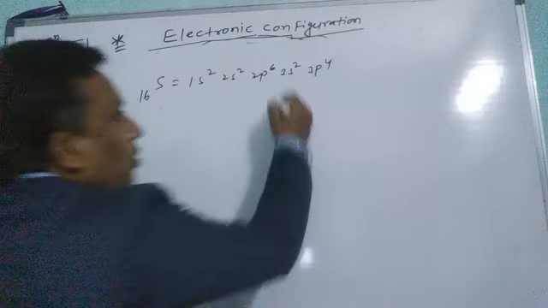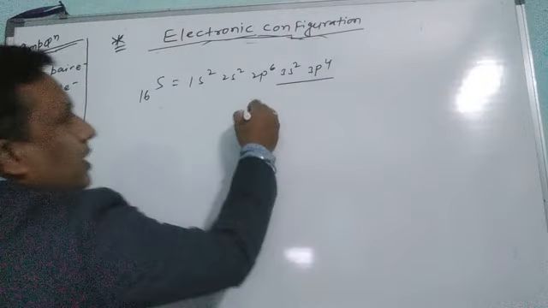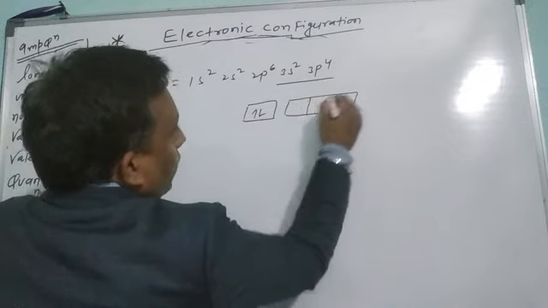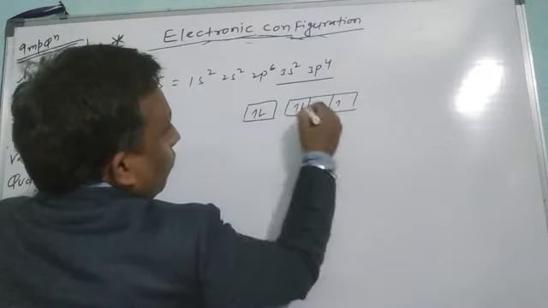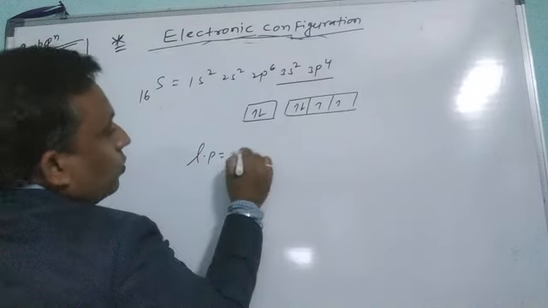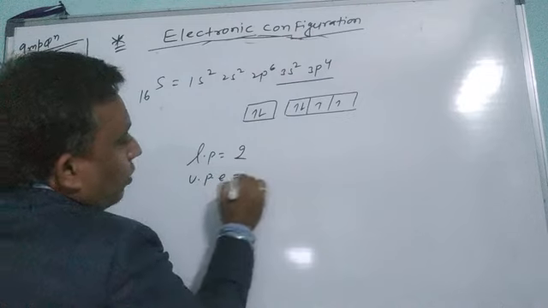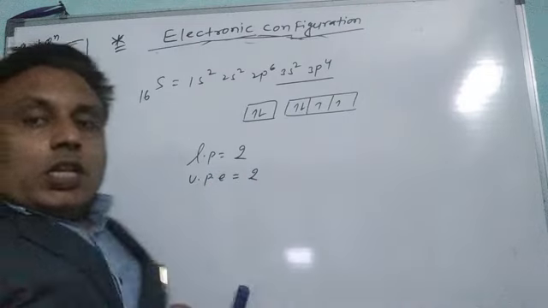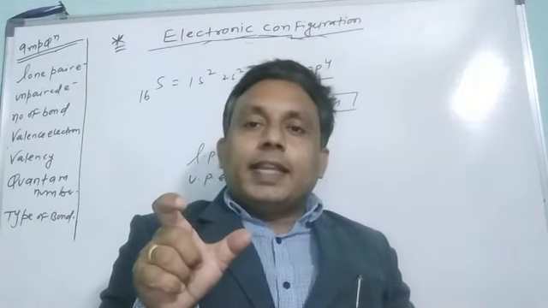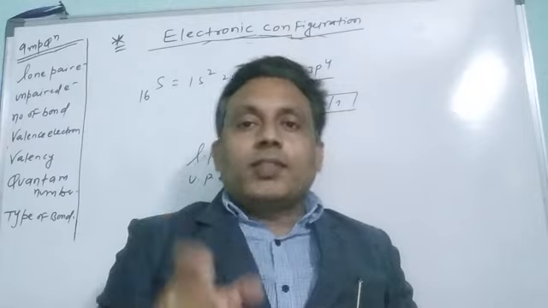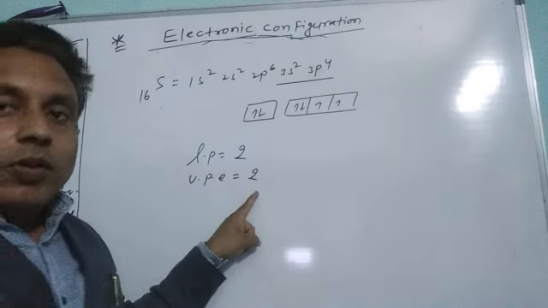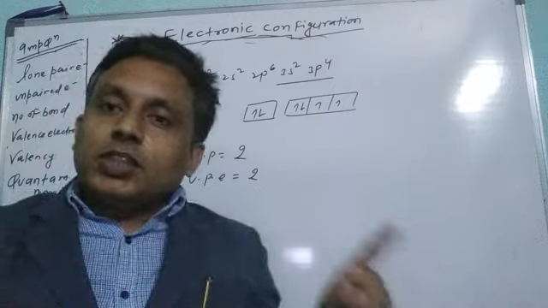We draw the structure of these orbitals. 3s has 2 electrons, 3p has 4 electrons. 1, 2, 3, 4. Lone pair is 2 and unpaired electrons are 2. Any atom which contains unpaired electrons can take part in bond formation. So sulfur makes 2 bonds. In the previous question, nitrogen made 3 bonds.